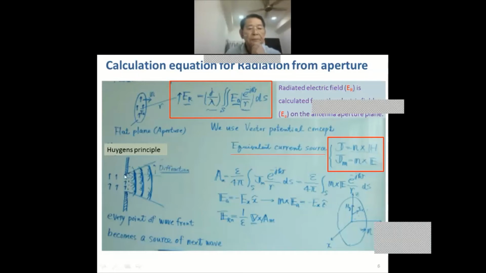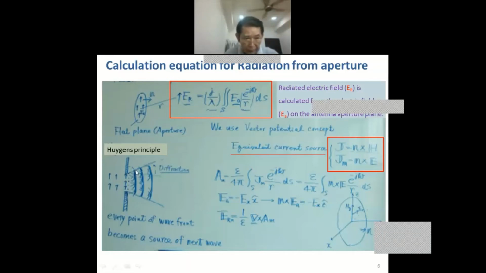By drawing radiation from all these aperture points, we can obtain this wavefront.